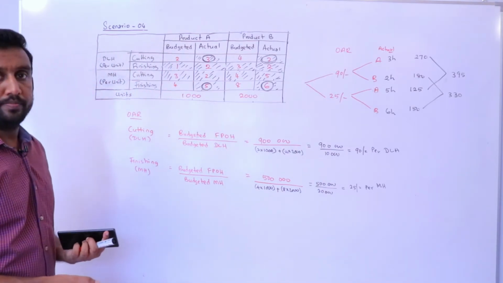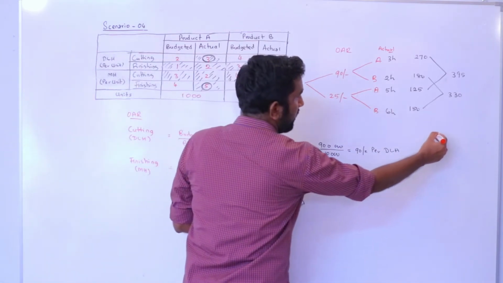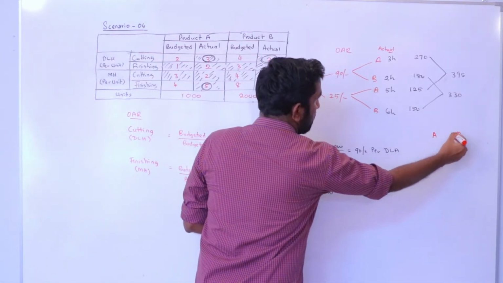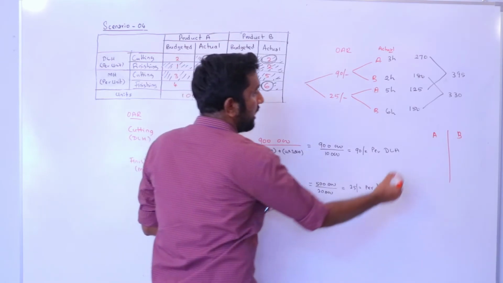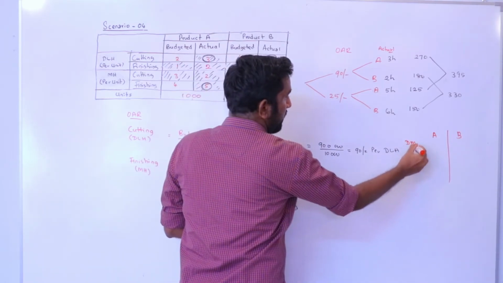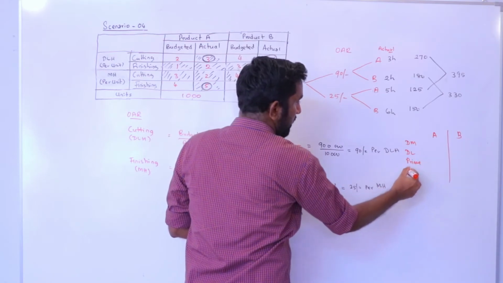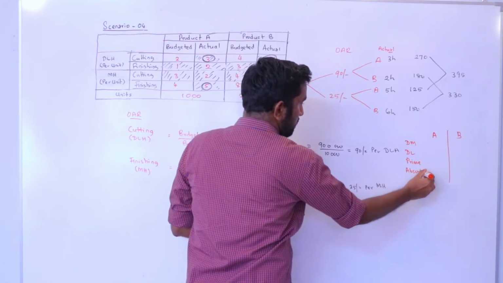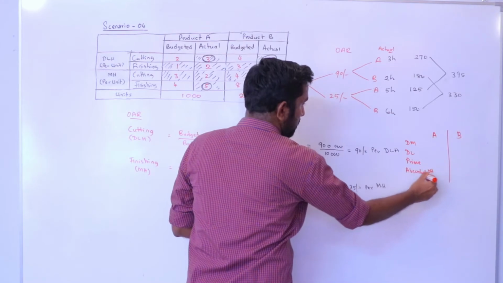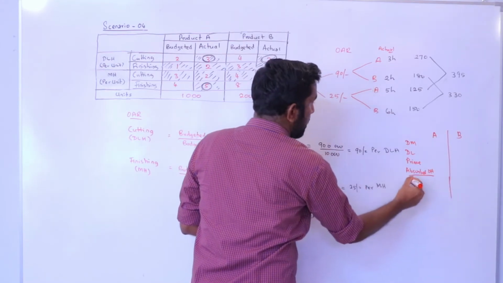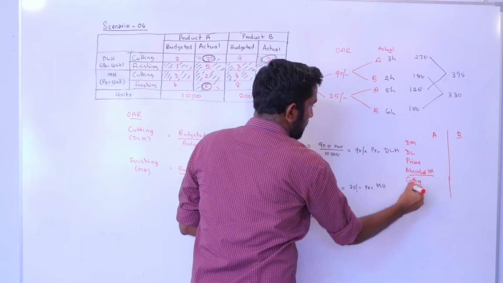Let's say I put here A and B. I have direct material, direct labor, then prime, then absorbed overheads. We have two departments, cutting and finishing.